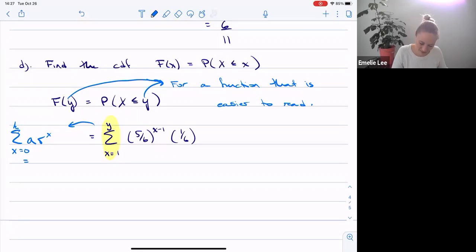Anyways, there's an A1, but I'm going to ignore it for now, and it just becomes A times 1 minus R to the K over 1 minus R. That's the important part.